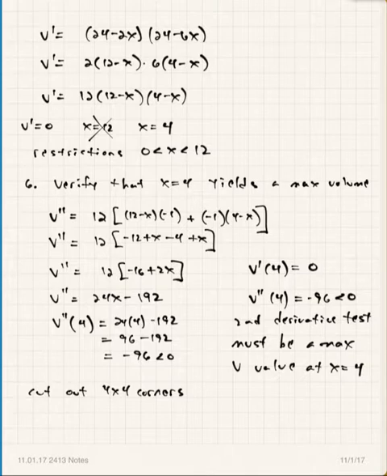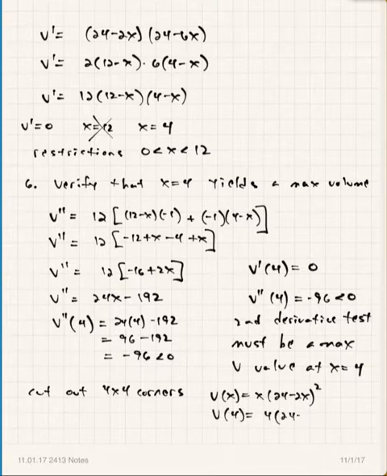So if you actually calculate the maximum volume in this problem, remember that the volume equation was x times 24 minus 2x quantity squared. So the volume at 4 would be 4 times 24 minus 8 squared.